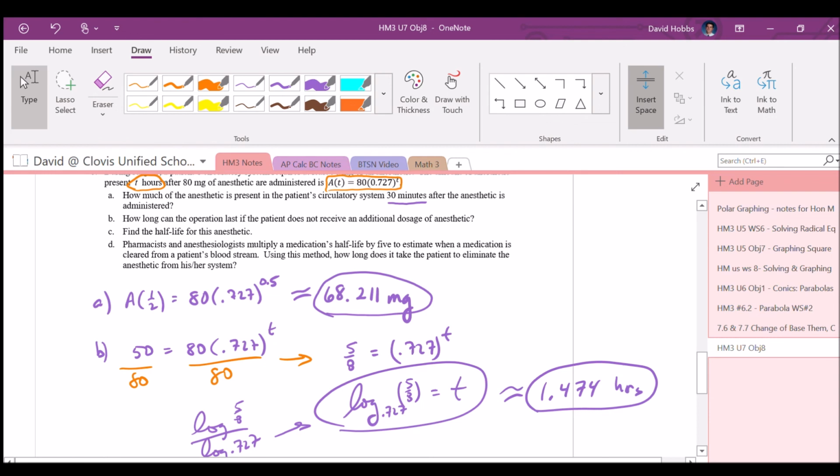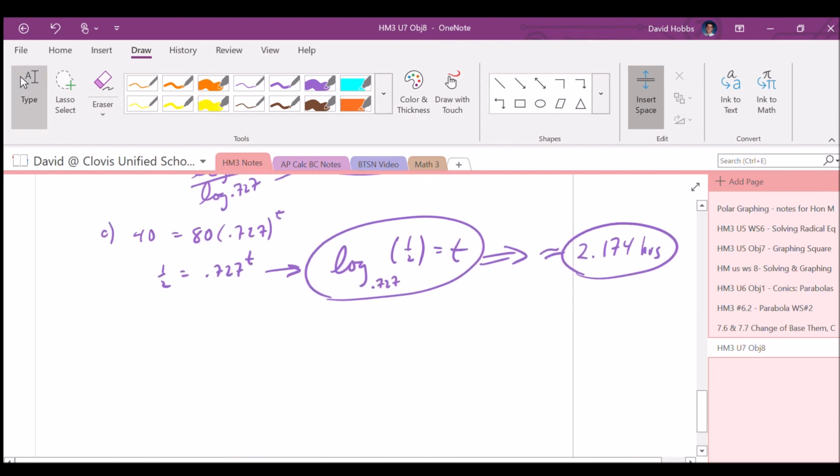After 2 half-lives, you have half of a half, which is 1/4. After 3 half-lives, you have 1/8. After 4 half-lives, you have 1/16. After 5 half-lives, you have 1/32. So this is why they multiply it by 5. Because after 5 half-lives, you have 1/32 of what you started with, which, yes, it's still in your system, but it's really not affecting you anymore.